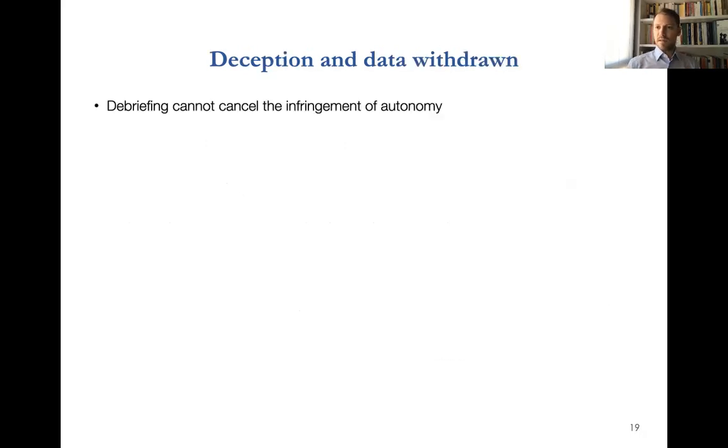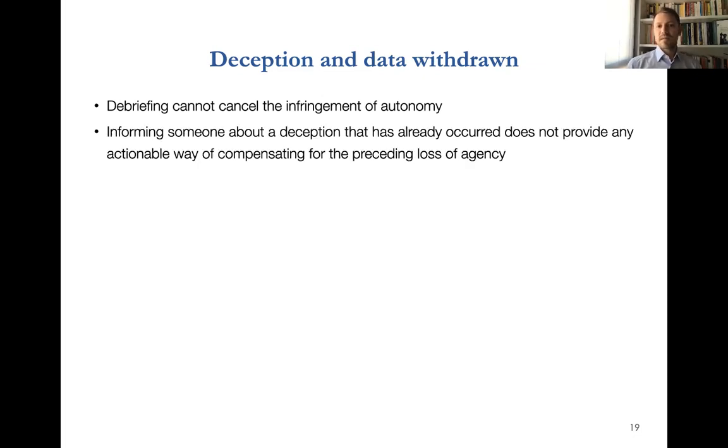And then this is a topic that is seldom discussed, but it's really important. And now we will see hopefully why. So debriefing is very useful, but it cannot cancel the infringement of autonomy. Remember that there are different rationales: consent, autonomy, but also trust.